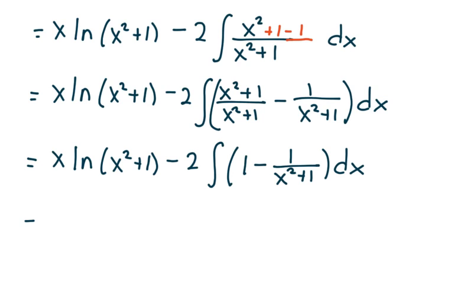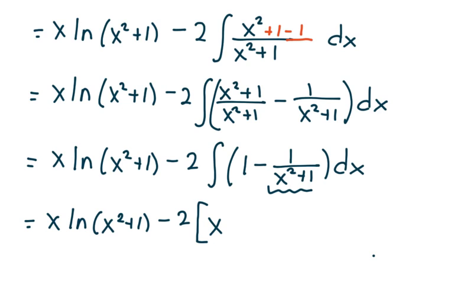And so when I'm done, I get the following. I get x natural log of x squared plus 1 minus 2 times the quantity. The integral of 1 dx is just x. The integral of 1 over x squared plus 1 dx is arctangent of x.